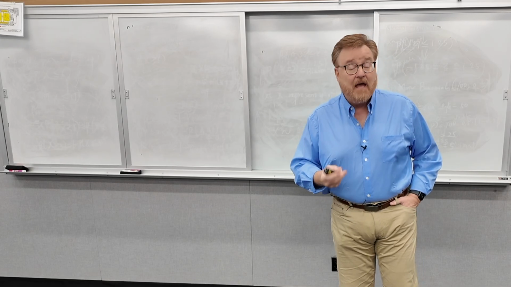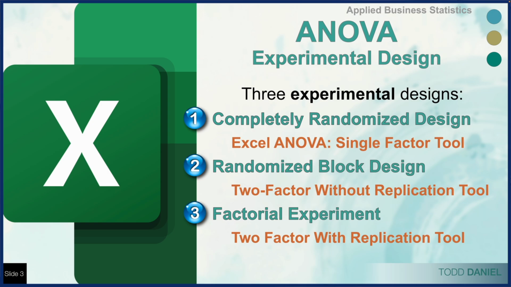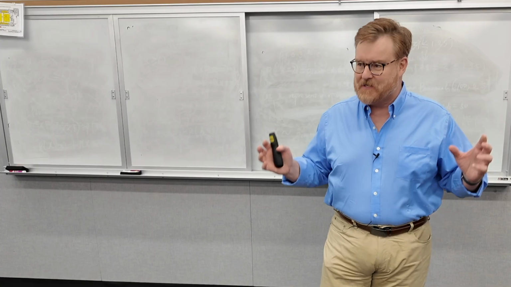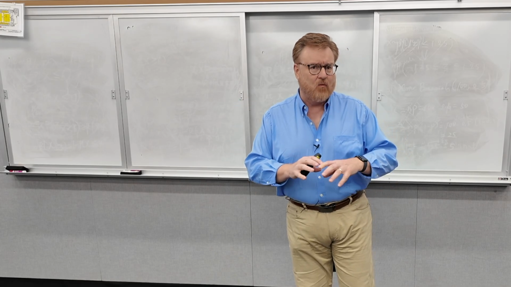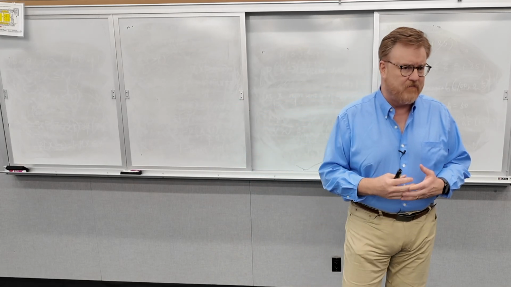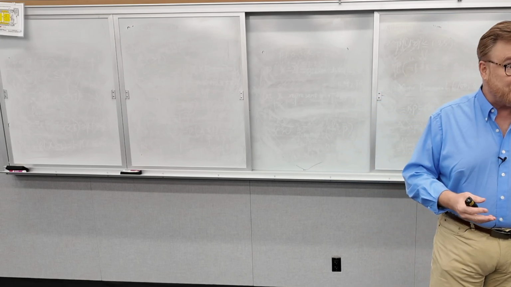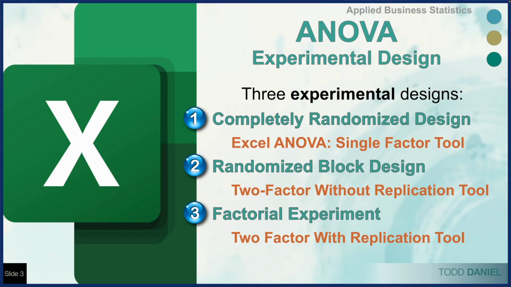this design. Now, the second design that we're going to use is called a randomized block design, which is very similar, or really the same, as a repeated measures design. I'll walk you through the basics of blocking and why we do that and how we're controlling for the variability created by these blocks. And then the third one is called a factorial experiment.